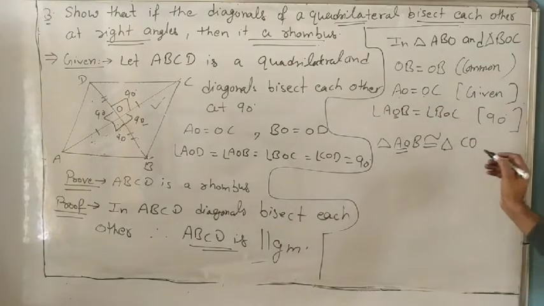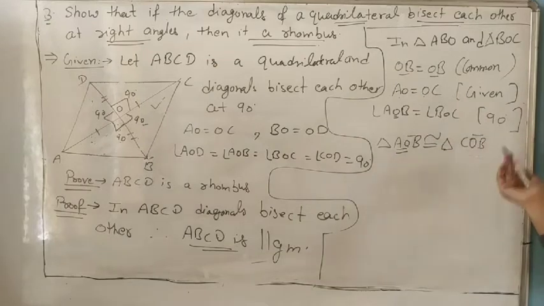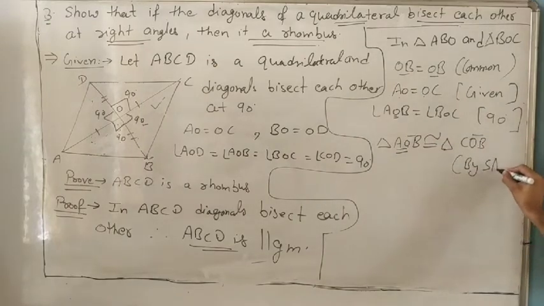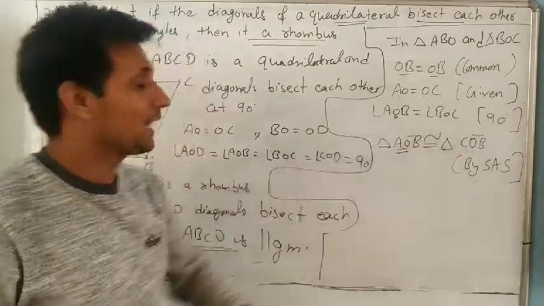So CO B. You can check it also. OB last two. So you can write by side, angle, side property. So these two triangles are congruent.